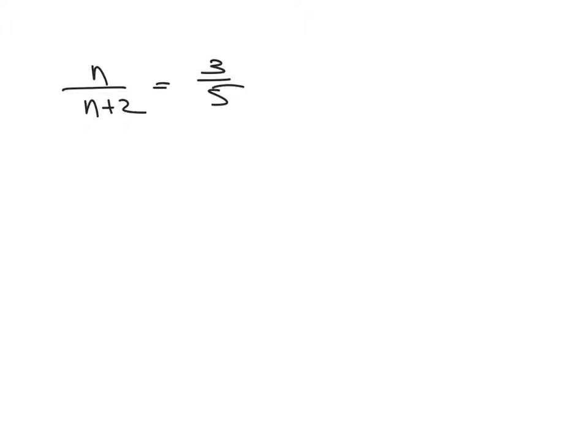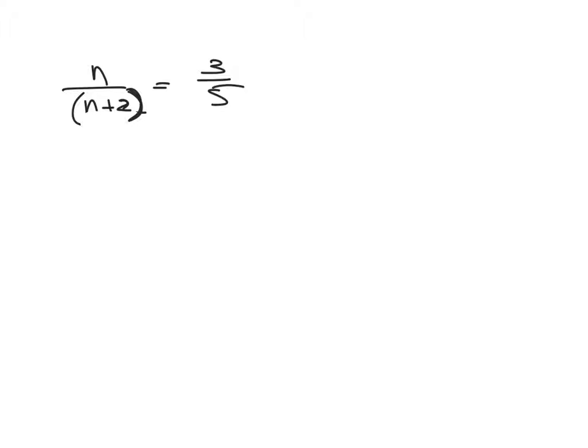Notice we have a variable in the denominator. Whenever you have a variable and a number put together like that, they are one unit. They cannot be split up. So put parentheses around it to show that that is just one piece, because if you don't, you'll end up having some mistakes when you multiply and add.